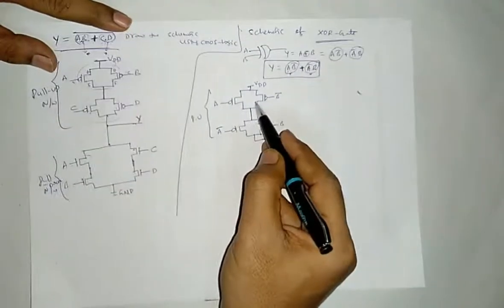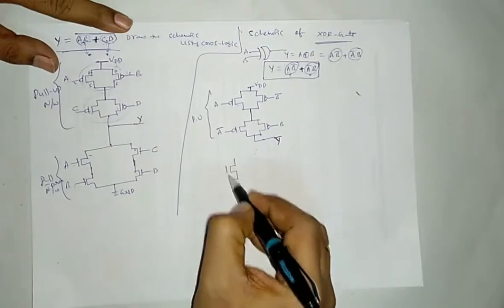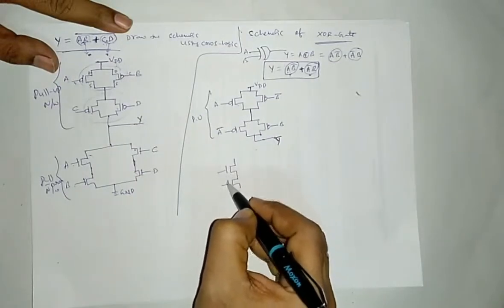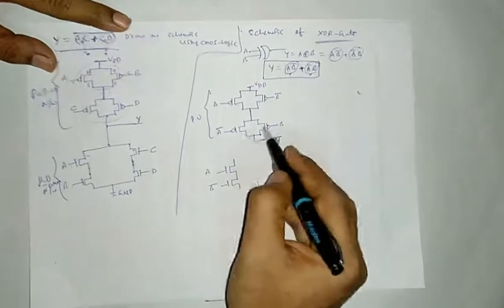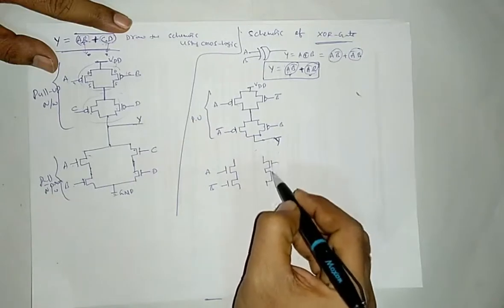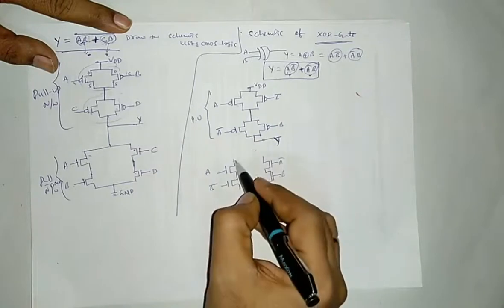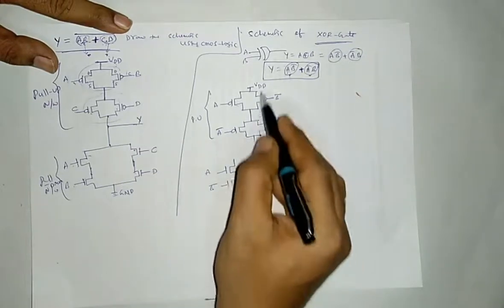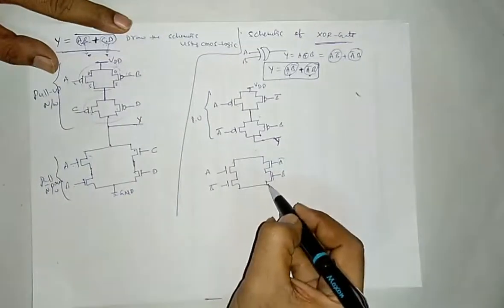Here these two PMOS are in parallel, means here you have to keep NMOS transistors in series, and inputs are A, B bar. And here two PMOS transistors are in parallel, means here you have to keep two NMOS transistors in series, inputs are A bar and B. These two combinations are in series, means here these two combinations should be in parallel.